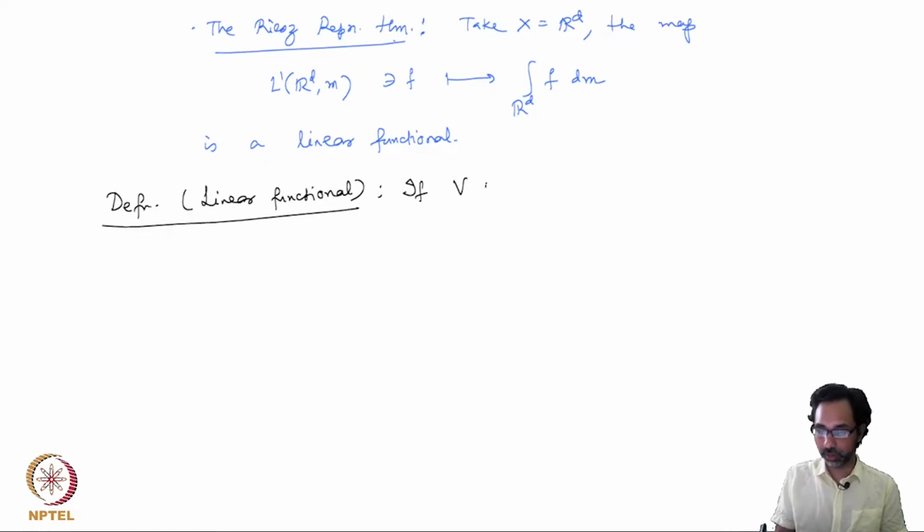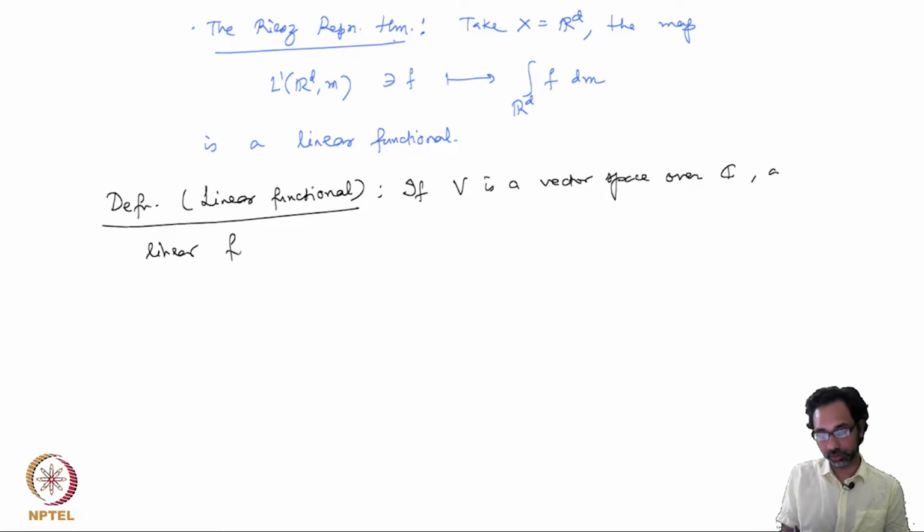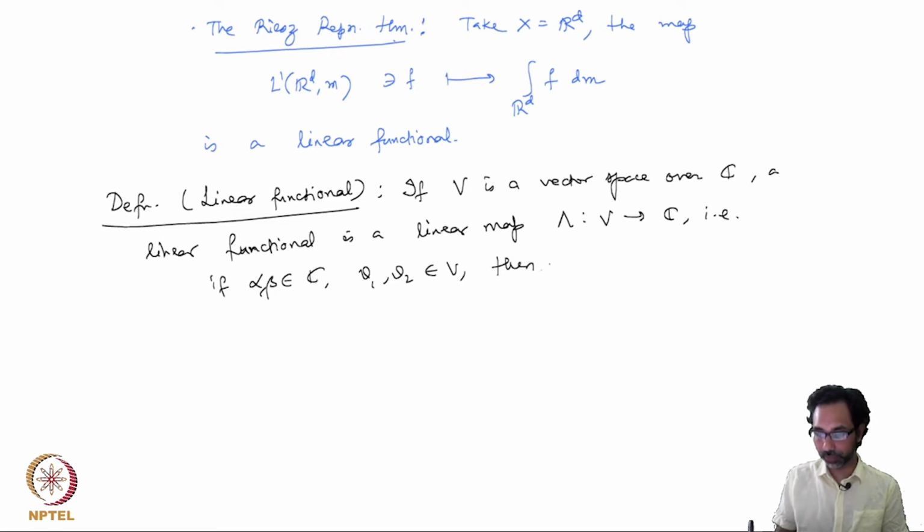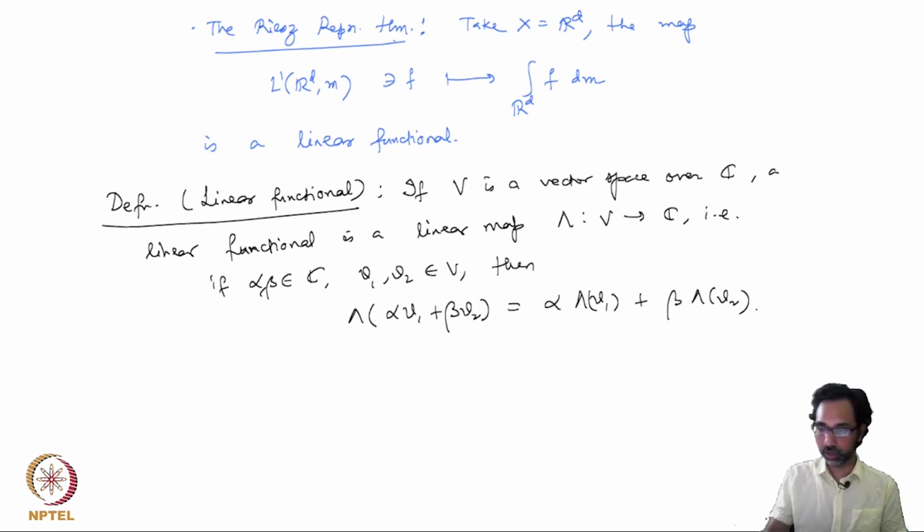If V is a vector space, let's say a complex vector space, a linear functional is a linear map lambda from V to C, meaning that if alpha, beta are complex constants and V1 and V2 belong to V, then lambda of alpha V1 plus beta V2 should be equal to alpha lambda V1 plus beta lambda V2. So this is the well known linearity property.